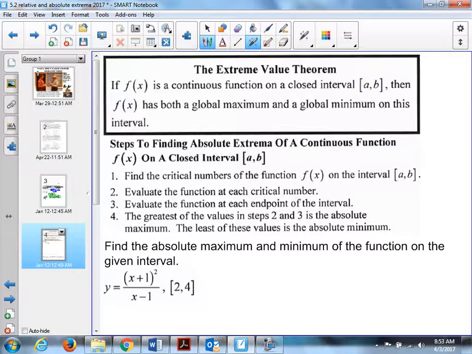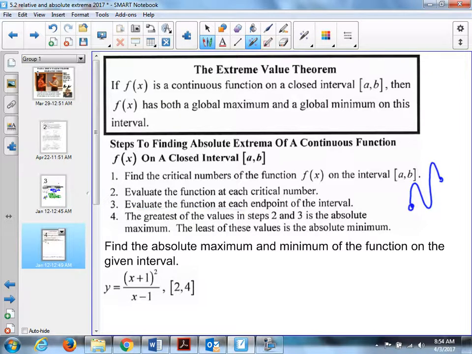How do you find these absolute mins and maxes? Well, first thing, find the critical numbers. How do you find critical numbers? Derivative, set to 0 or where it's non-existent. 2, evaluate the function at each critical number. I do 2 and 3 together in a little T-chart kind of thing, and evaluate at the endpoints of the interval. Because if this was from A to B, maybe it goes like this.